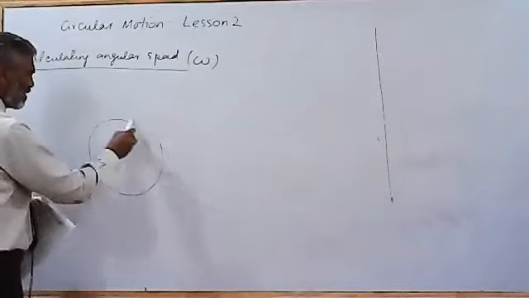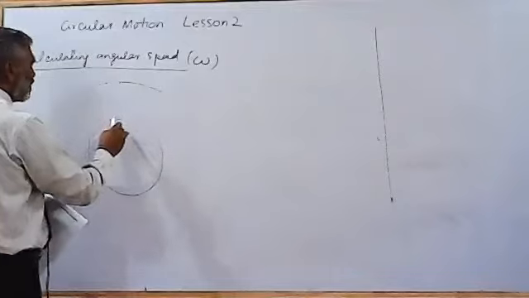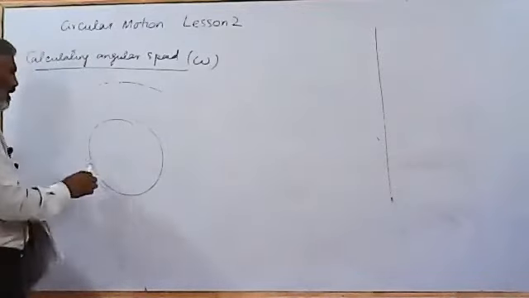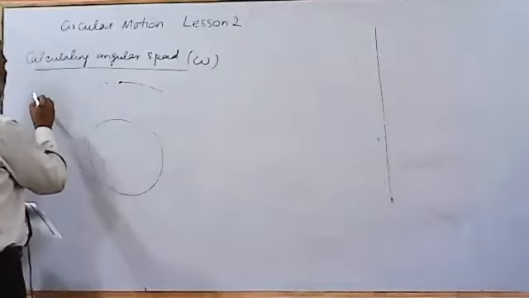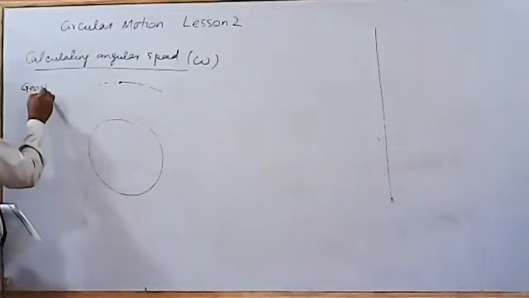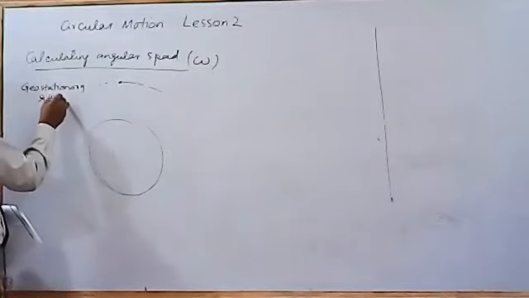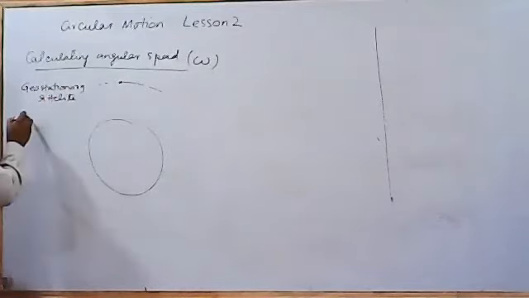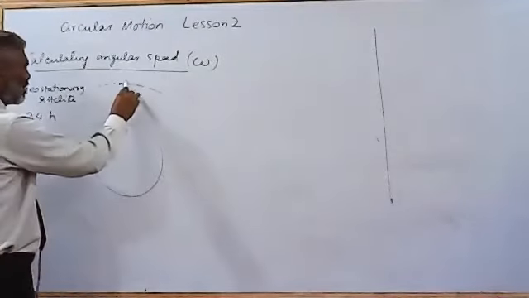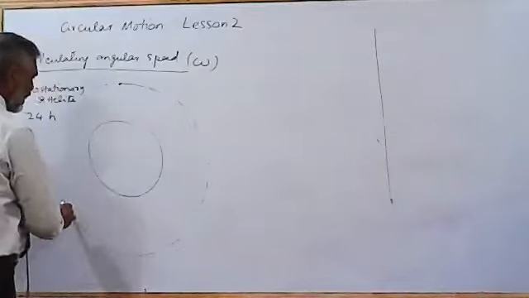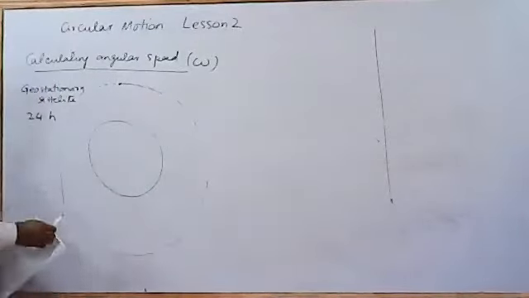Suppose this is the Earth and this is a geostationary satellite moving along the rotating Earth. A geostationary satellite takes exactly 24 hours to complete its rotation, and this is the same time in which Earth completes its rotation on its axis.